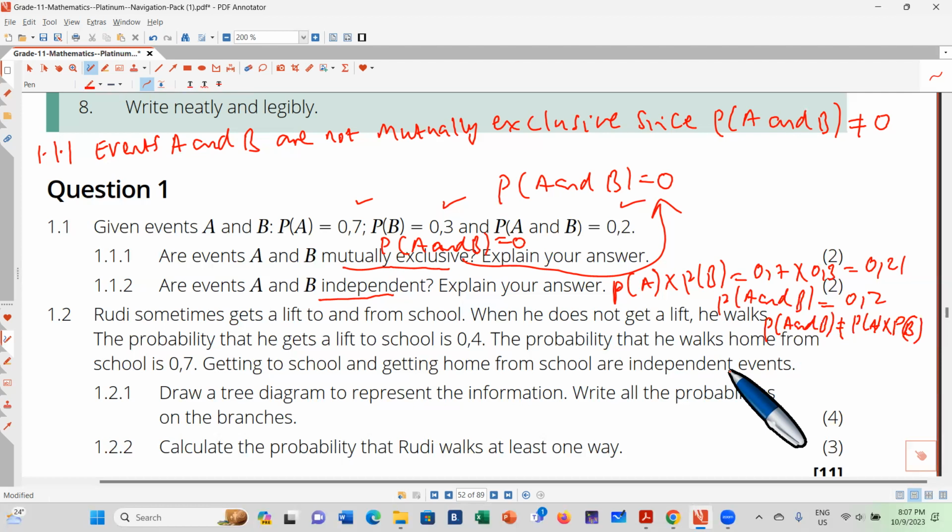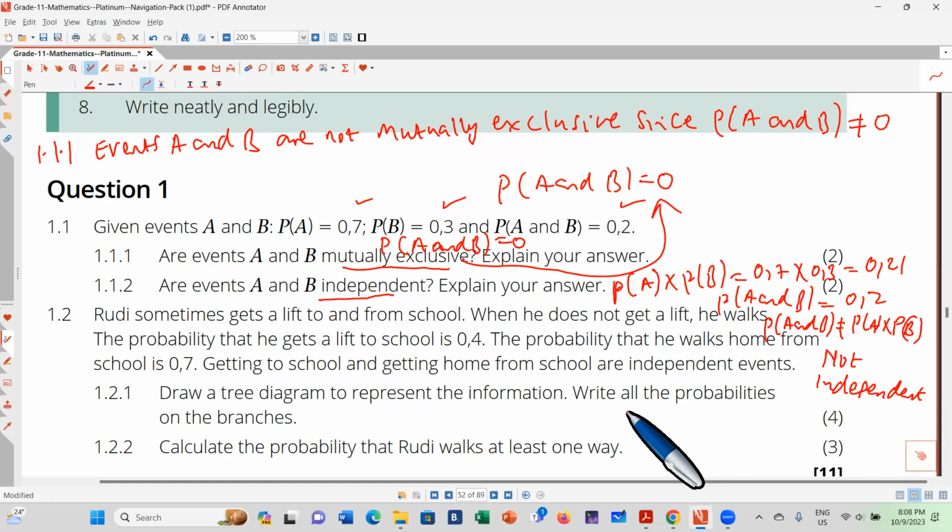Of B. Because they're different, the conclusion is that they are not independent. Why? Because independent means the probability of A and B must be equal to the probability of A times the probability of B. So they are not independent. Okay, next question.